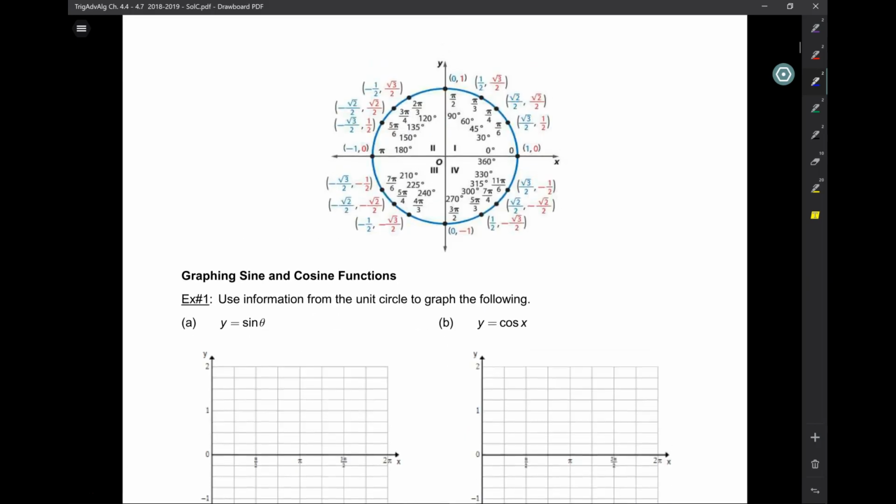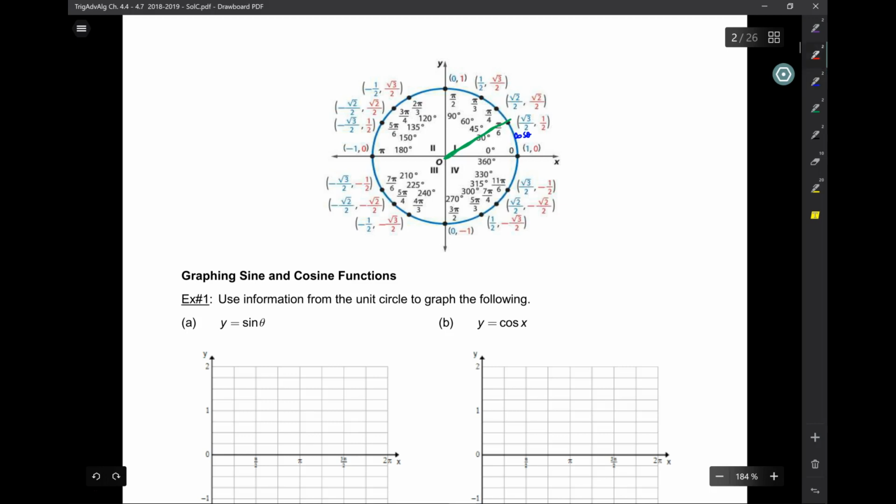Do you remember the unit circle? So here's the unit circle from before. Same thing. It hasn't changed. So here's pi over 6. At pi over 6, how much was the cosine? Root 3 over 2. So remember, the first coordinate was the cosine of theta.